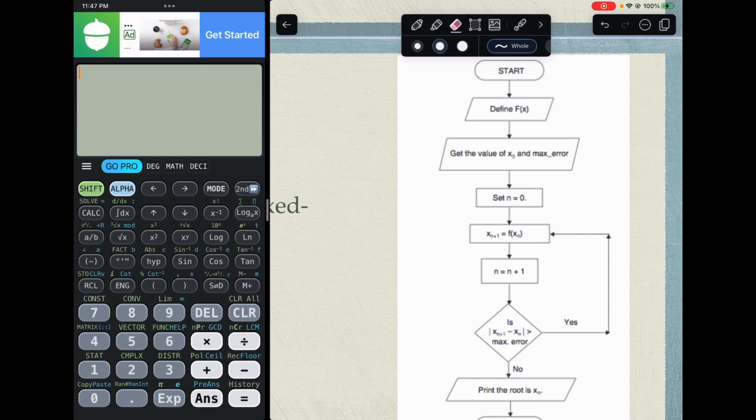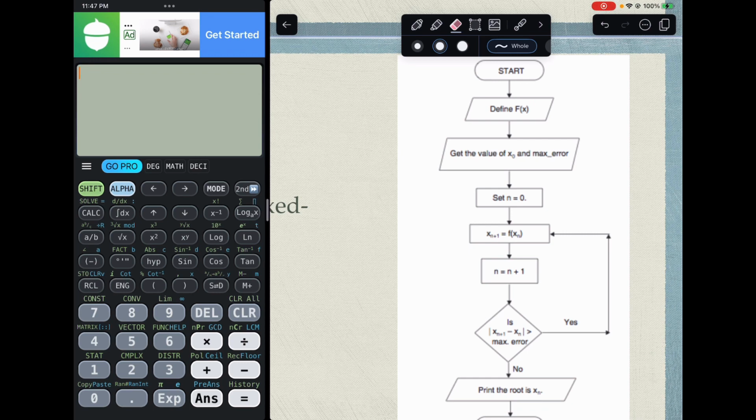Once we were able to find the new value for x, there is a decision here, the diamond figure. We get the difference between the new value, x of n plus 1, minus the previous value, x of n.